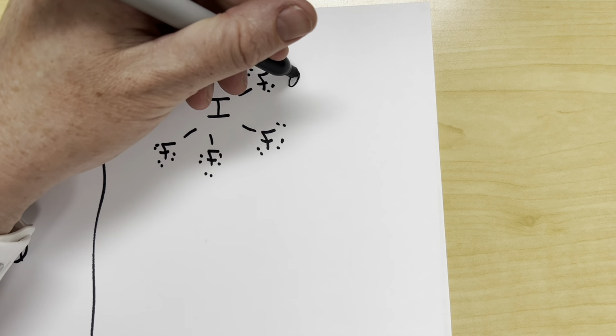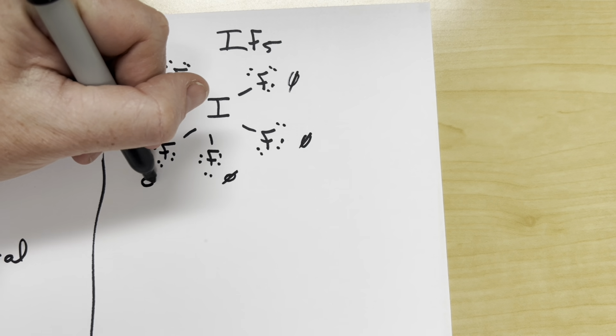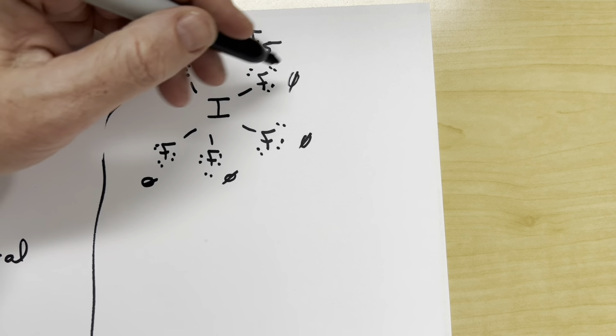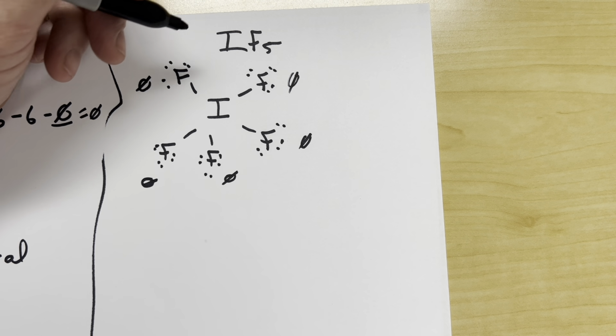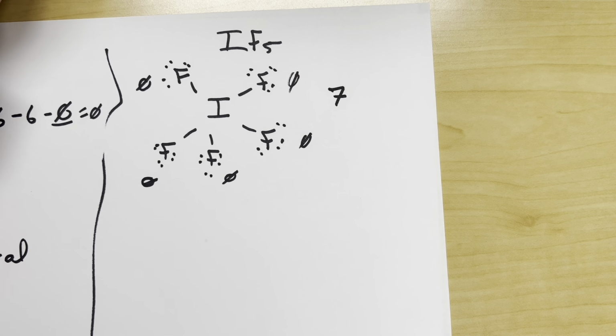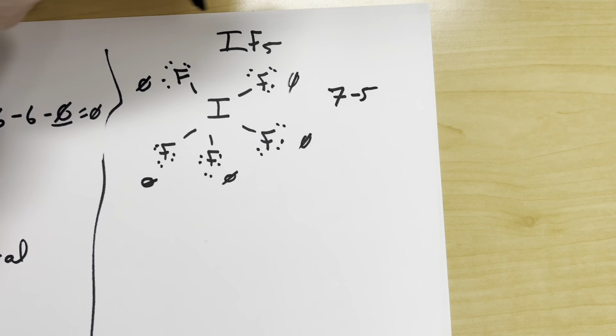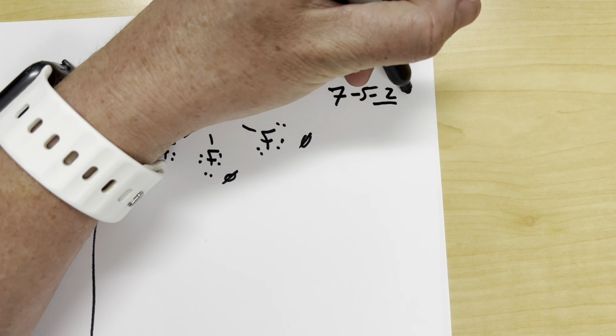This has 0, that's a 0, that's a 0, that's a 0, that's a 0. So what does I have to be in order for this whole thing to be 0? Hopefully you agree it has to be 0. Iodine currently has 7 valence electrons. It's got 5 sticks touching it, so it must need 2 more dots in order to be 0.